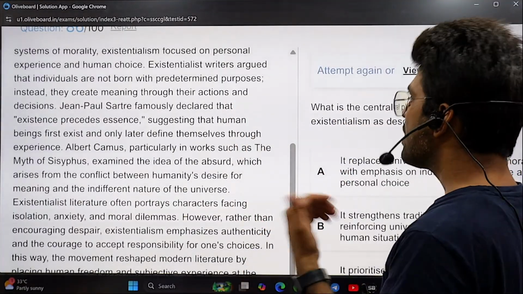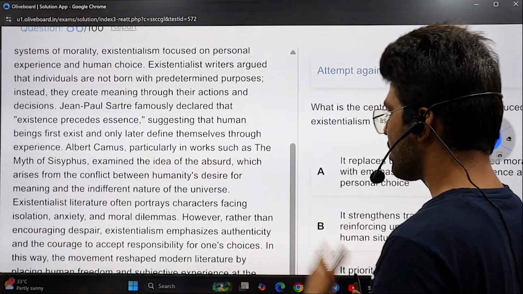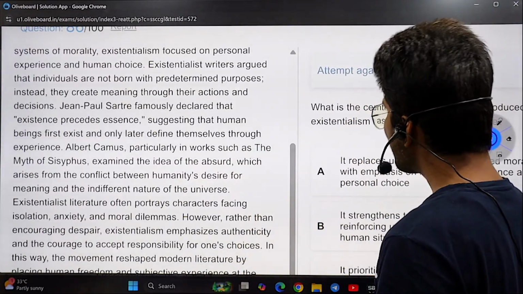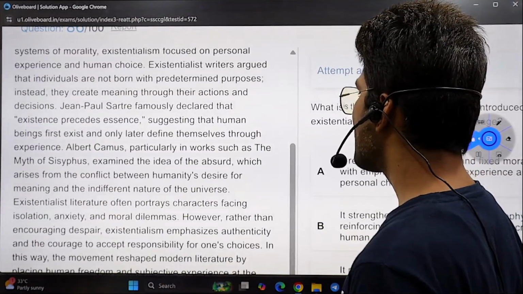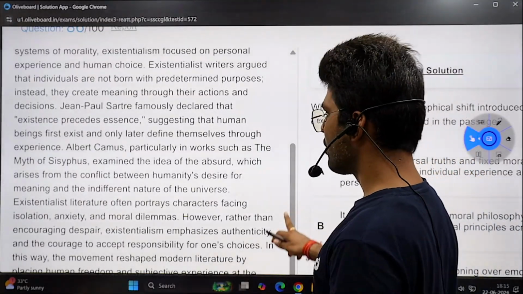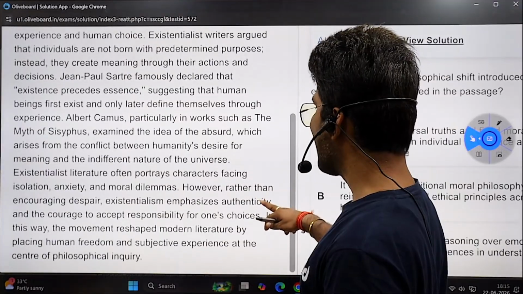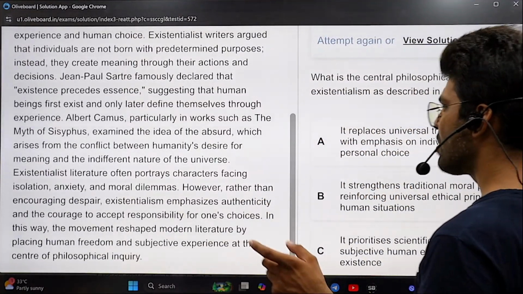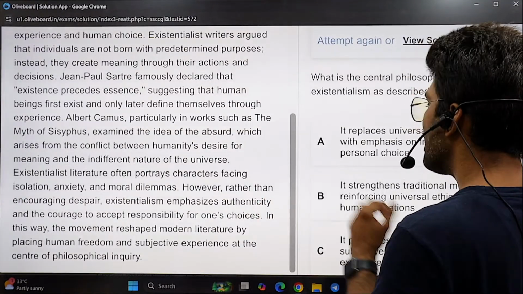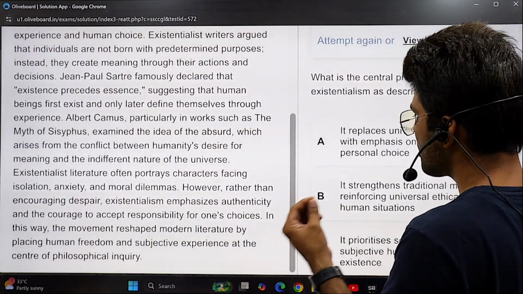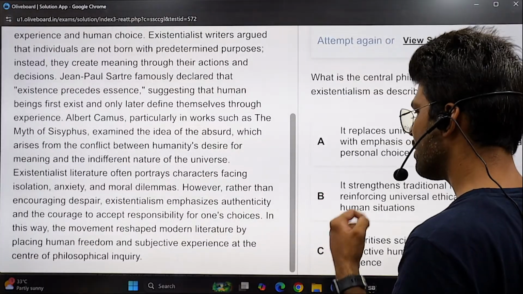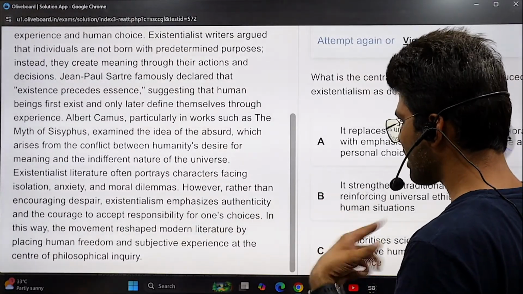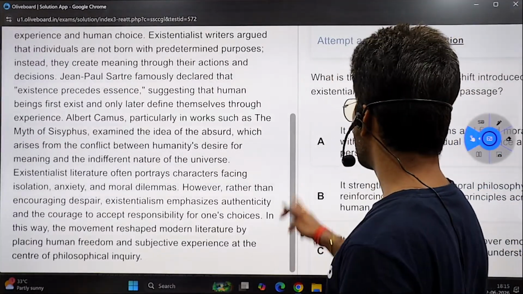Camus, particularly in works like The Myth of Sisyphus, examined the idea of the absurd, which arises from the conflict between humans' desire for meaning and the indifferent nature of the universe. The literature often portrays characters facing isolation, anxiety, and dilemmas. However, rather than encouraging despair, it emphasizes authenticity and the courage to accept responsibility for one's choices. In this way, the movement reshaped modern literature by placing human freedom and subjective experience at the center of philosophical inquiry.